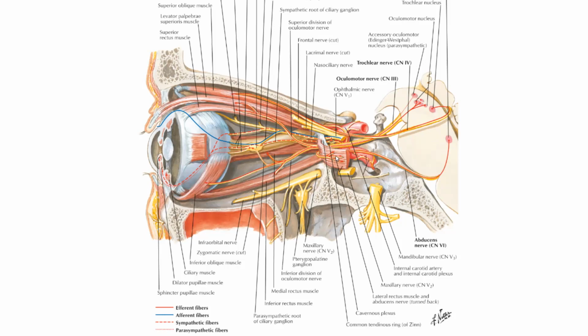So this picture has everything you need. Don't freak out though. Also, remember I said there was a parasympathetic component of the oculomotor nerve that goes here and does pupillary constriction. But when they teach you this stuff, feel free to come back to this picture.